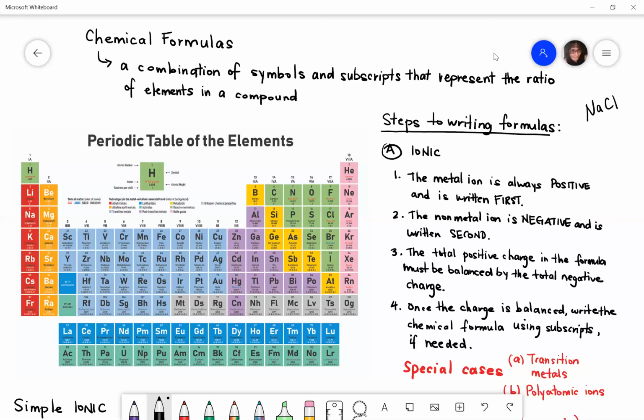NaCl. Now with sodium chloride, remember that the sodium is the metal that's found over here in group 1, and chlorine, Cl, is the nonmetal found in group 17. When we look at their charges, or the ions that form the compound, there's only one sodium ion, right?